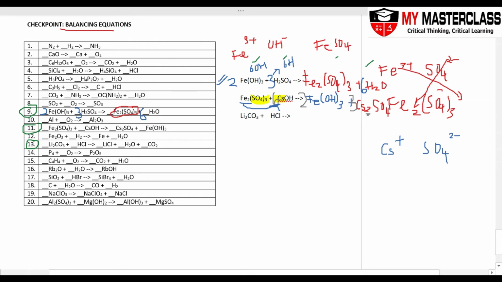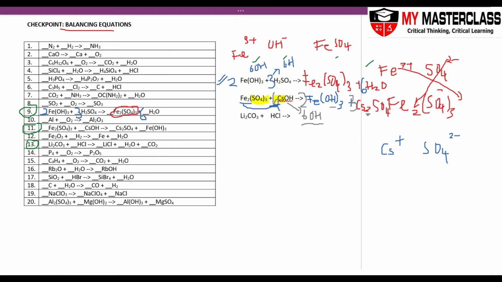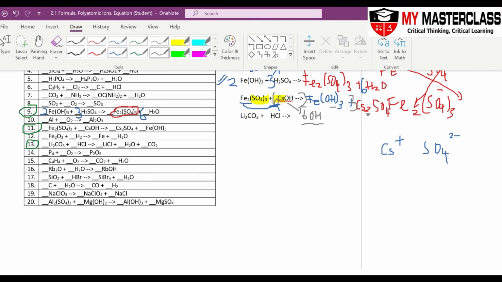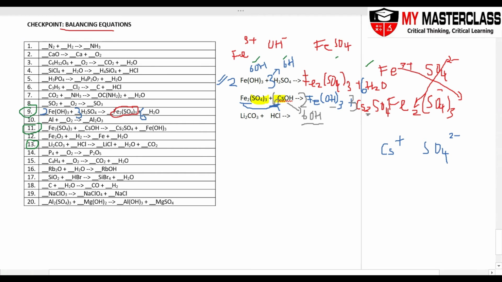So 6 Cs means at the back of it I will have 6 OH, and this 6 OH is balanced out with my 3 times 2 Fe(OH)3. So your final answer in this will be 1, 6, 2, 3 and 2.